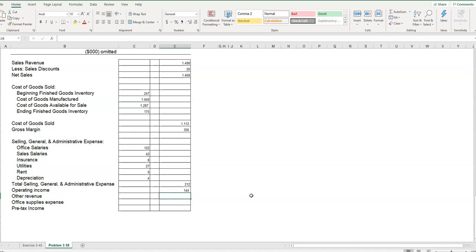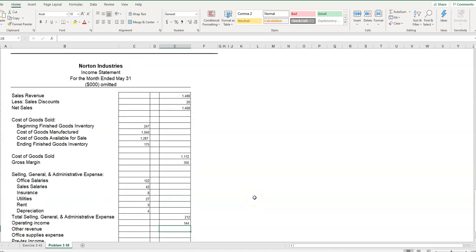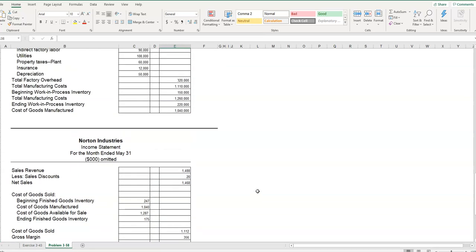Then we have other revenue and office supplies expense. In class, we weren't sure why office supplies expense wasn't included in the other expenses, but I left the formatting the way the textbook had it.